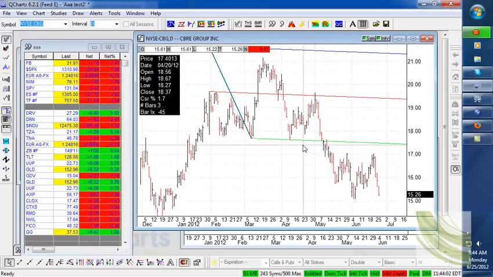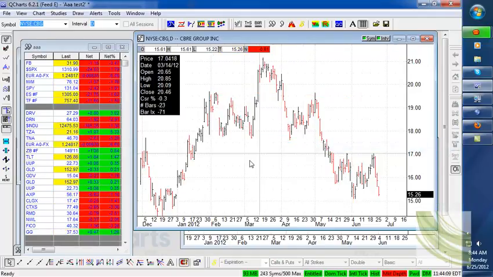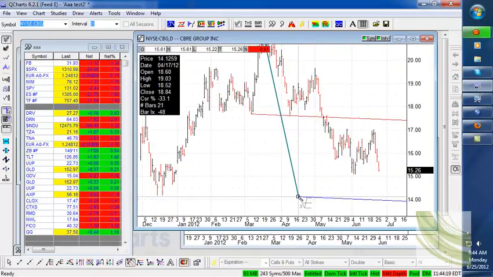Some people like to sell there, or buy there, whatever's appropriate. And let's take a look at the Head and Shoulders target with Gann. With Gann, you get the target down here. Isn't that a nice place for a target?